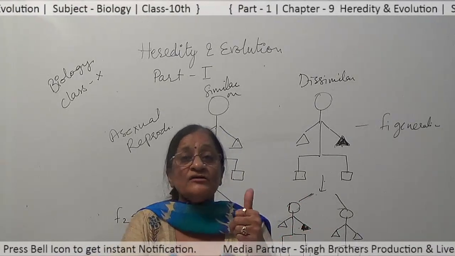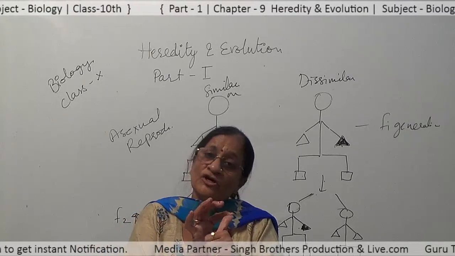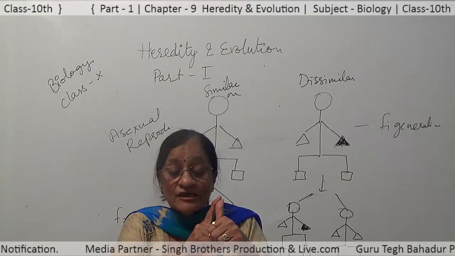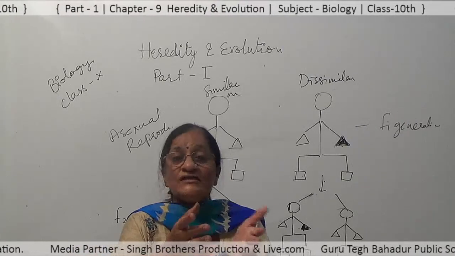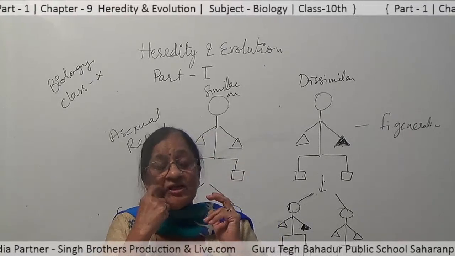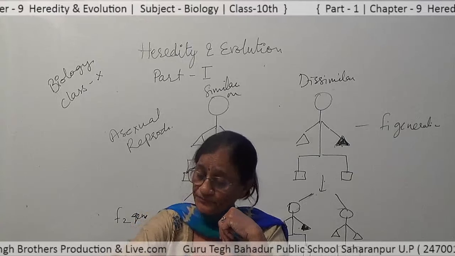Then some have a straight thumb, and some can fold it down like that. This is called hitchhiker's thumb. So these are examples of variations which are still present in human beings.